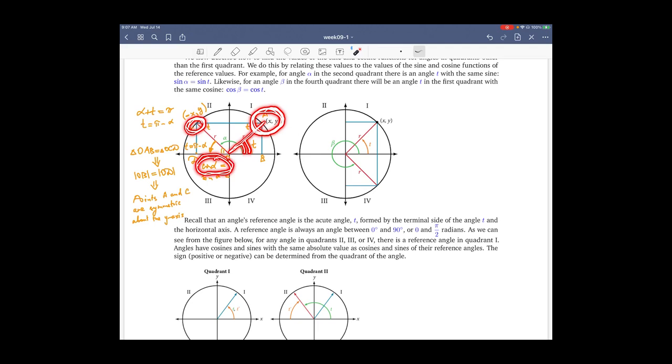So cosine alpha is simply negative cosine t. The 2 points have the same y-coordinates. Y-coordinates are sines of these angles. So we get that sine alpha equals sine t.